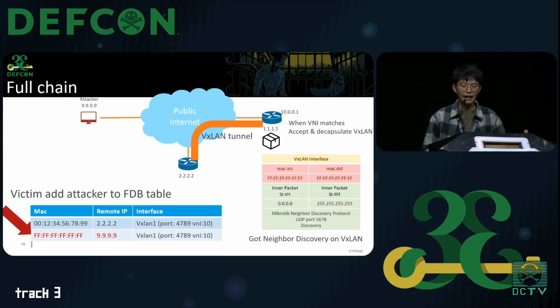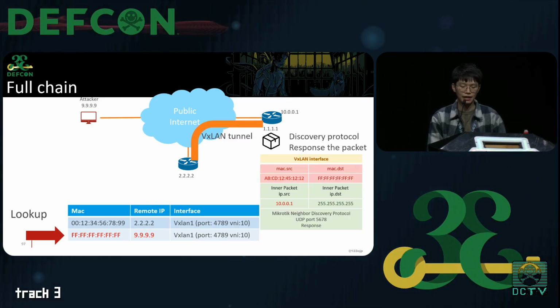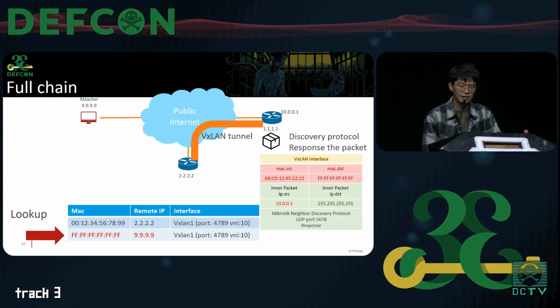When the VNI and port match the victim configuration, the victim device will add the attacker's IP to its FDB table. Then, the victim unpacks the VXLAN packet and sees that it is an NDP request. The victim router replies to the NDP packet and tries to send the response to the broadcast MAC address.